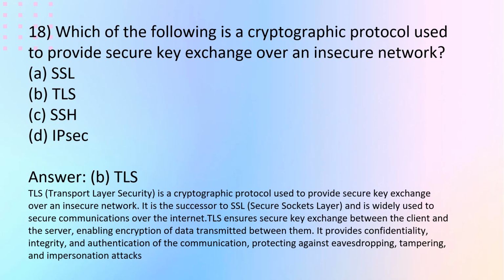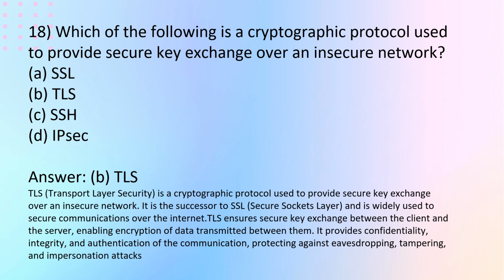Which of the following is a cryptographic protocol used to provide secure key exchange over an insecure network? The answer is TLS. TLS, Transport Layer Security, is a cryptographic protocol used to provide secure key exchange over an insecure network. It is the successor of SSL, Secure Sockets Layer, and is widely used to secure communications over the Internet.